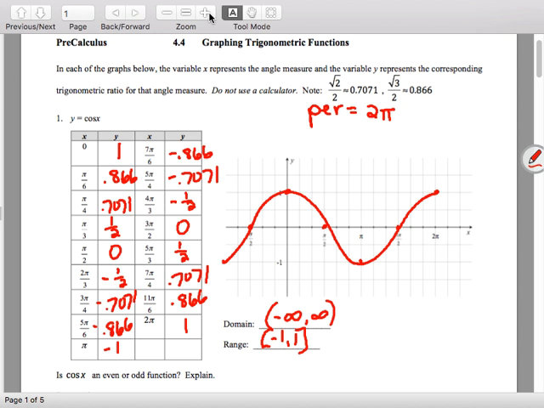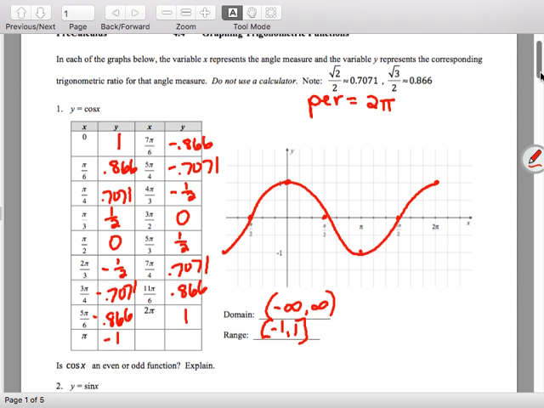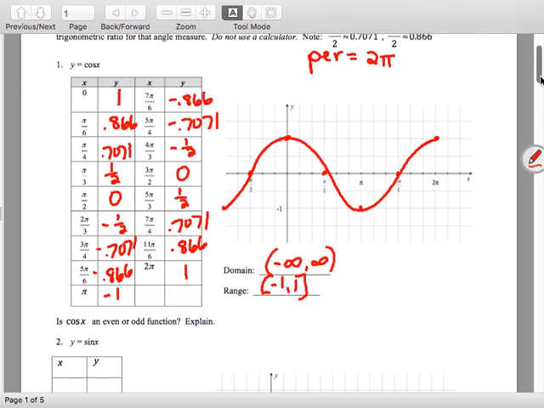Now we've talked about even and odd functions, so let's talk about it again. Is cosine even or odd? It's even. Why is it even? How do we know it's even? There's a couple different ways we know. Yeah, Eli? Yeah, it's symmetric with respect to the y-axis, right?